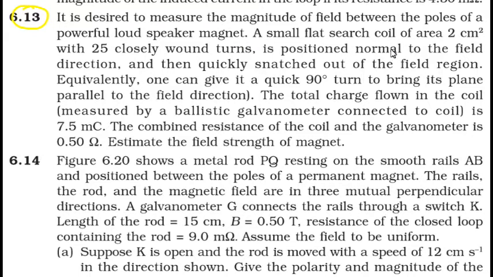A small flat search coil of area 2 cm square with 25 closely wound turns is positioned normal to the field direction. Then it is quickly snatched out of the field region. Equivalently, one can give it a quick 90-degree turn to bring its plane parallel to the field direction.